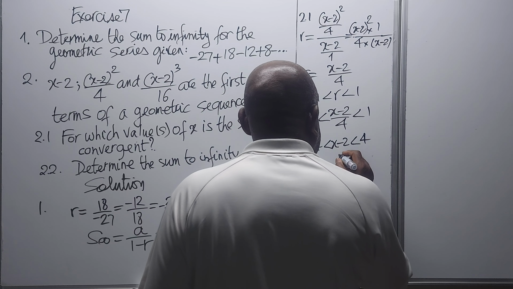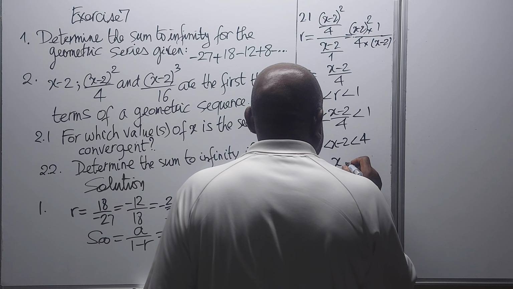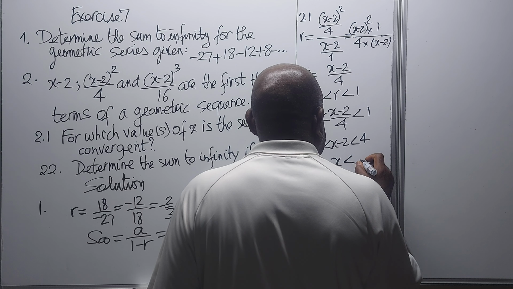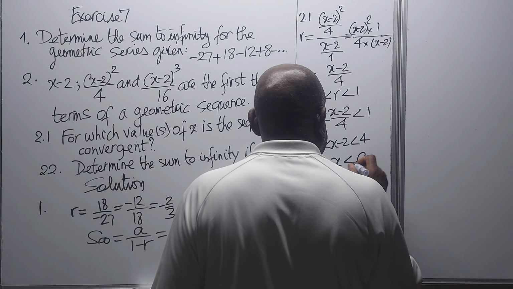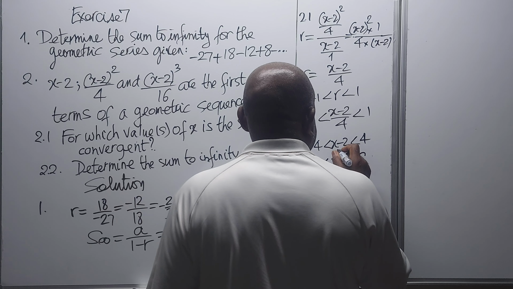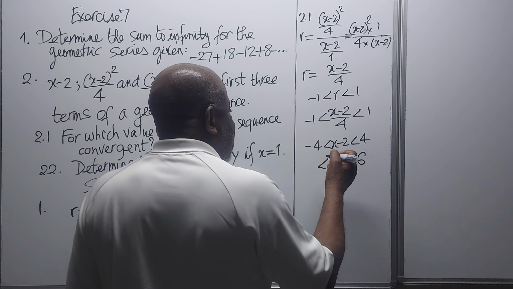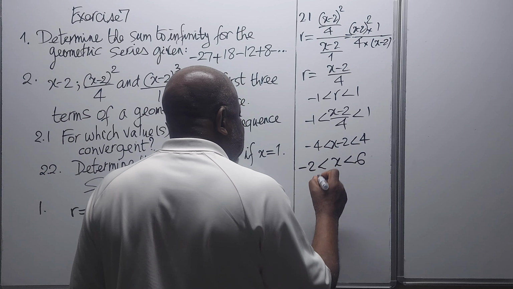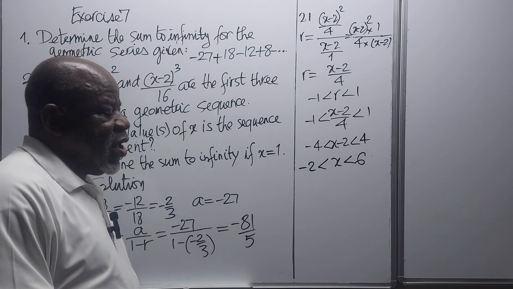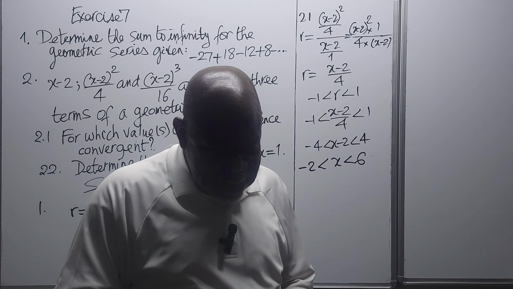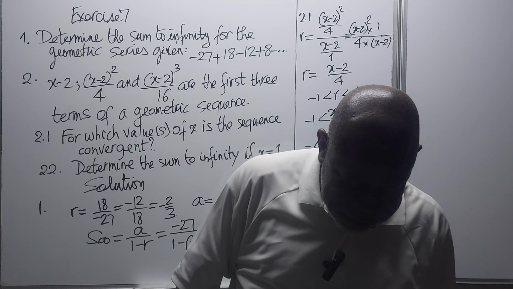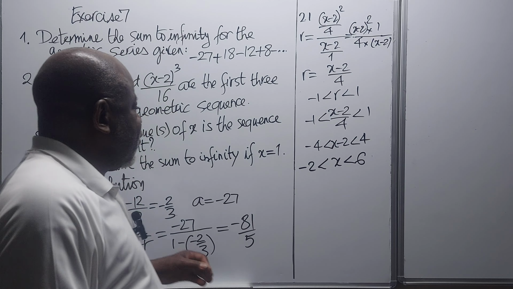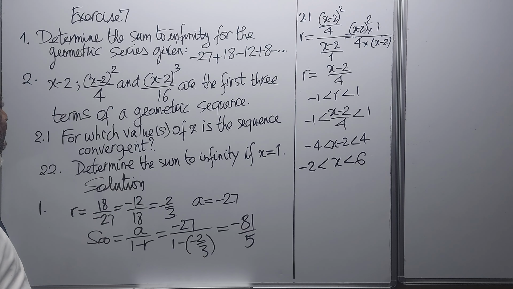Solving this inequality, x will be less than 4 plus 2, 6. The other side, it will be minus 4 plus 2, then we're getting negative 2. So our x will be between negative 2 and 6. This is the first sub-question 2.1.